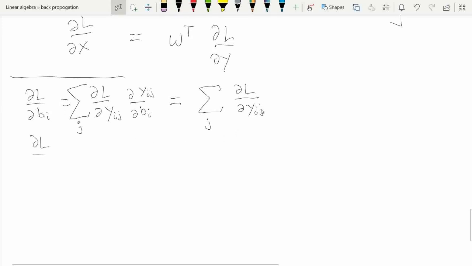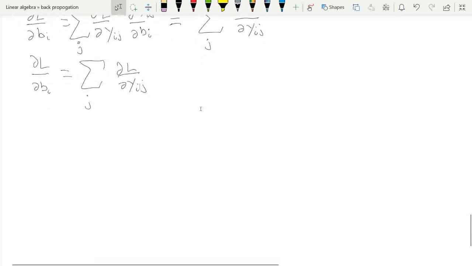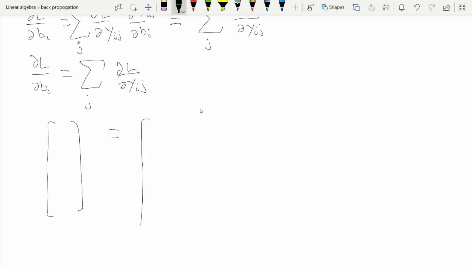So partial L by partial b_i is equal to the sum over j of partial L by partial y_ij. Essentially, the partial derivatives of the loss with respect to b are just the sum over the rows of the partial derivatives of the loss with respect to y.